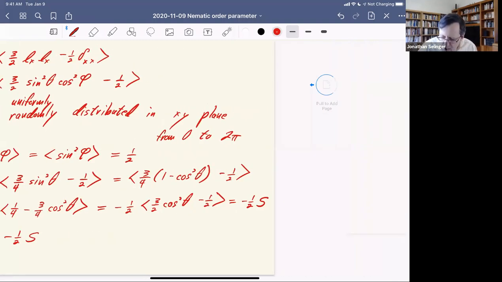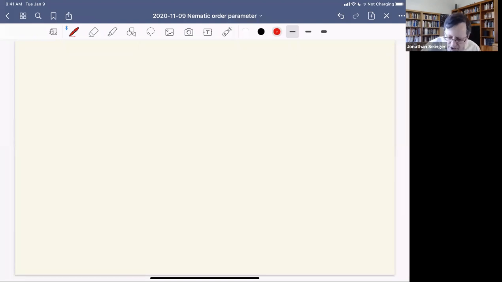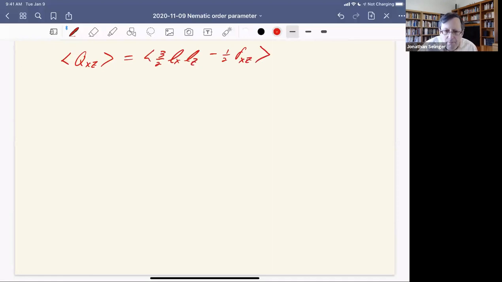What about the off-diagonal elements? Okay. What about, for example, QXZ? So that's the average of 3/2 LX LZ minus 1/2 delta XZ. Well, delta XZ, that's 0. What about the average of LX times LZ?